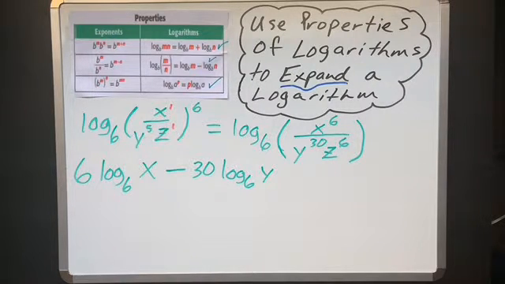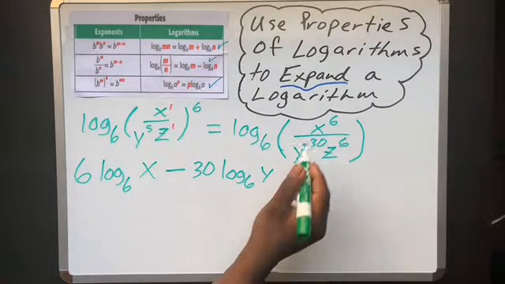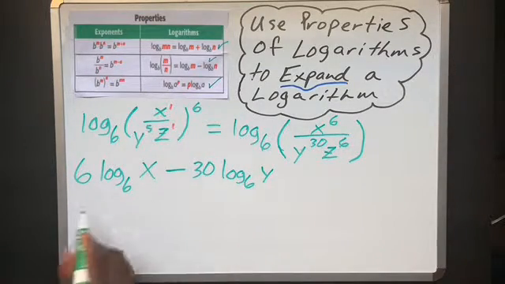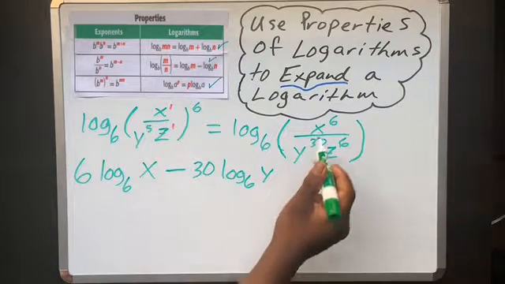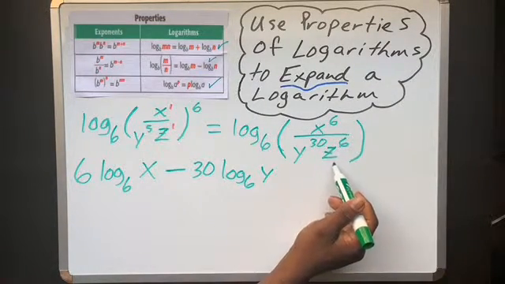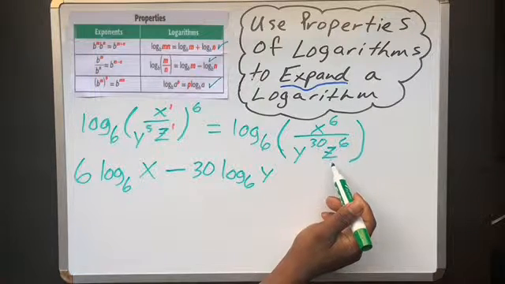And we're taking this and subtracting it from that. That's right there. And then we're taking the log base 6 of x to the 6 and subtracting it from here, z to the 6.